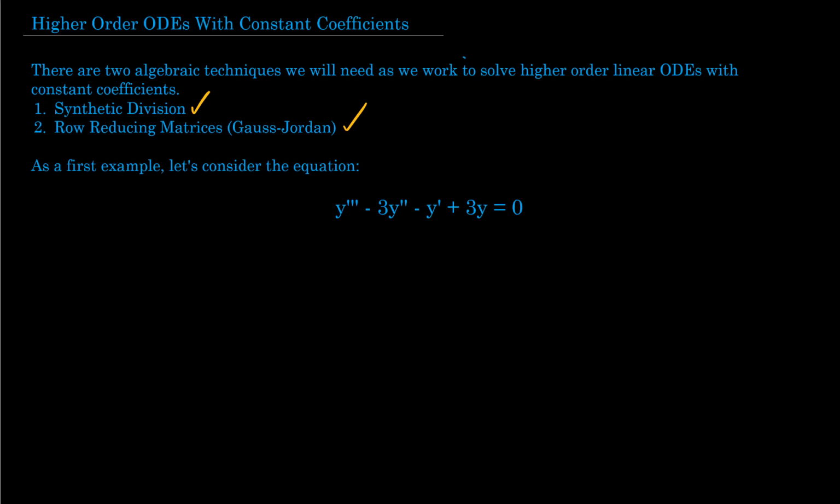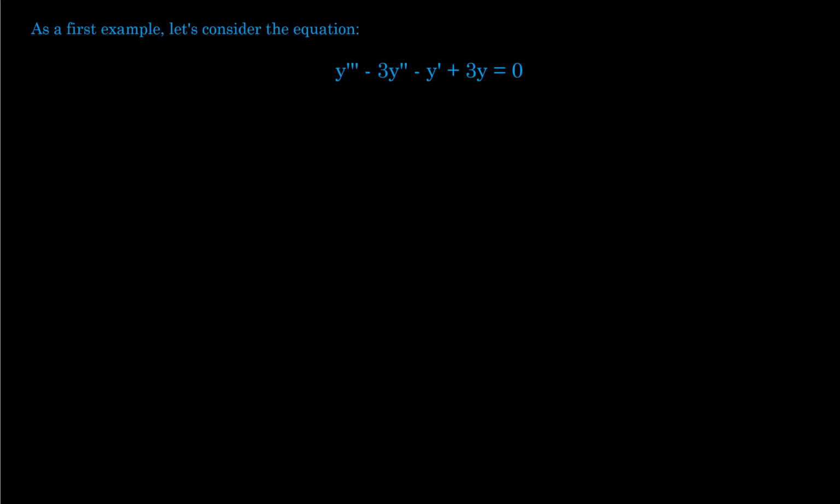As we approach higher order linear differential equations with constant coefficients, we can use that same technique. Essentially what we're doing is guessing. We're going to try some form of the solution y equals e to the rx and see what happens.